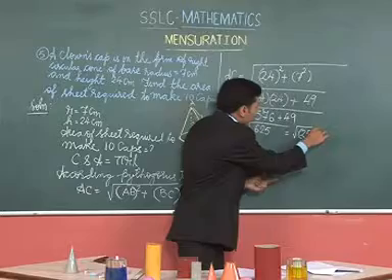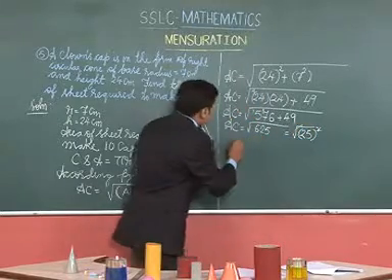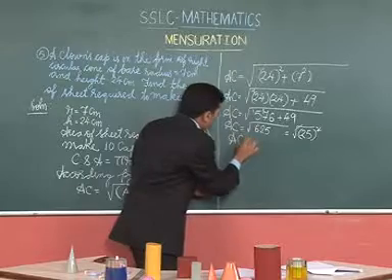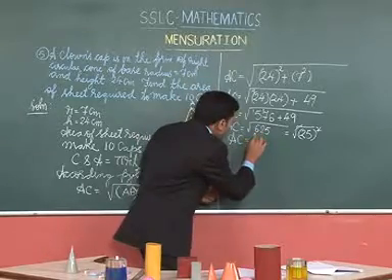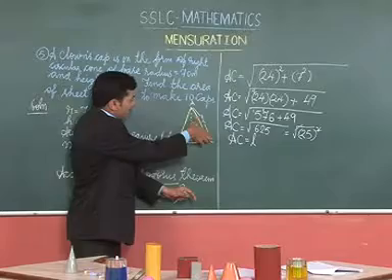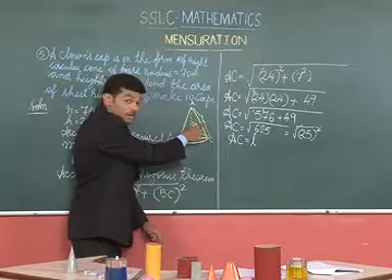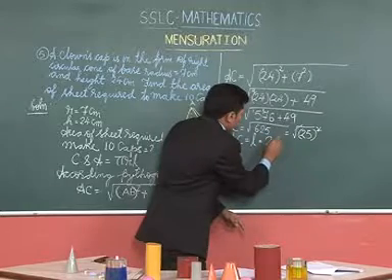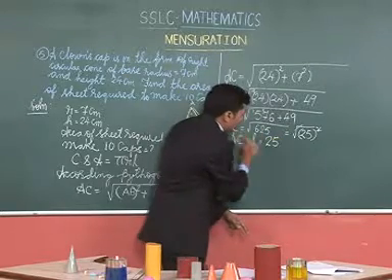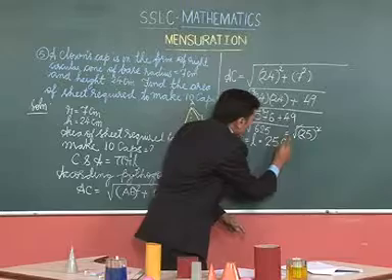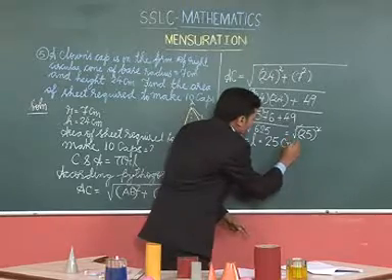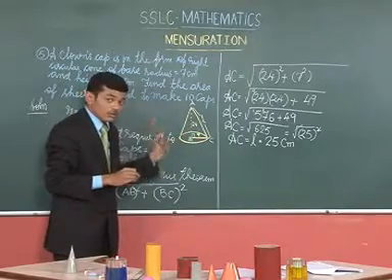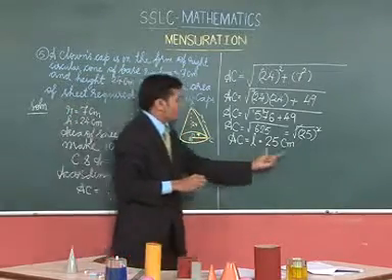Now the square and the root cancel, and we have the value of AC, which is the slant height of this cone, equal to 25. And it is not just 25, it is 25 centimeter, because all the other values are in centimeter, so even this has to be in centimeter.